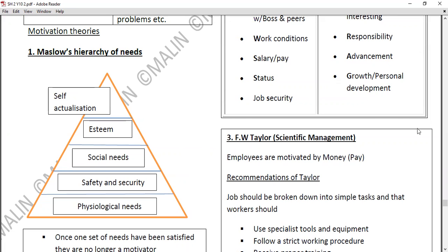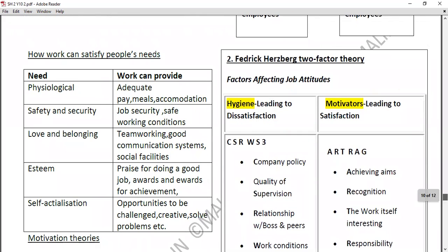This can be summarized in a table like this. Motivation theory under Abraham Maslow, hierarchy of needs. Physiological needs like adequate pay, meals, accommodation. Safety and security needs, that is job security and safe working conditions.